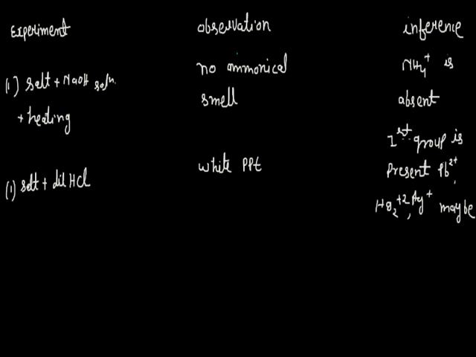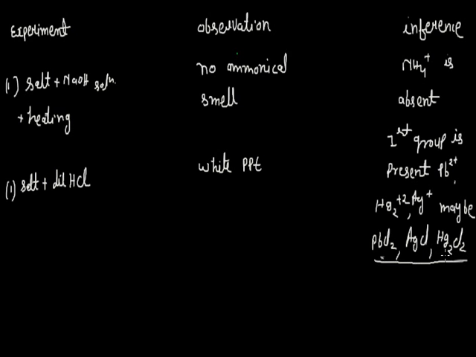This white PPT is due to the presence of PbCl2, AgCl or Hg2Cl2, mercurous chloride. All these PPTs are white in color, so our salt may contain lead, Ag plus or mercurous.